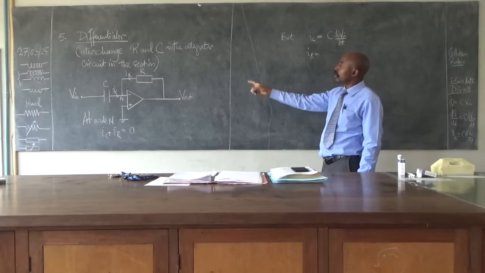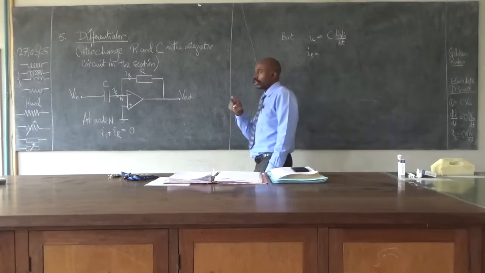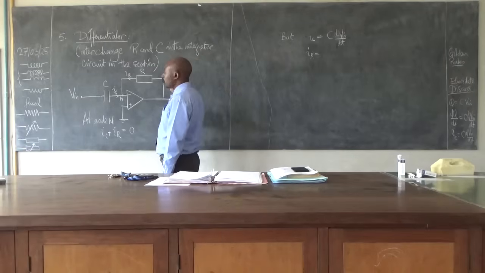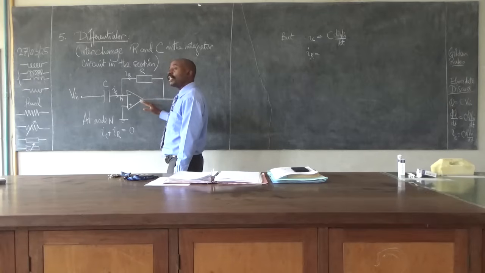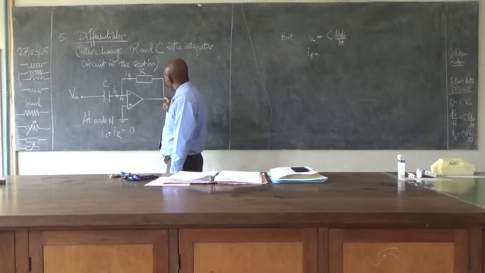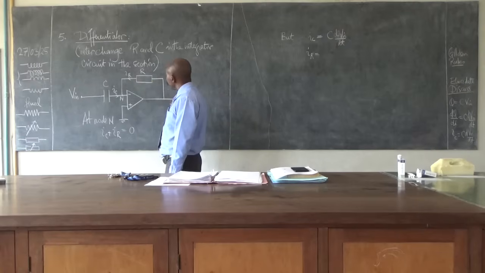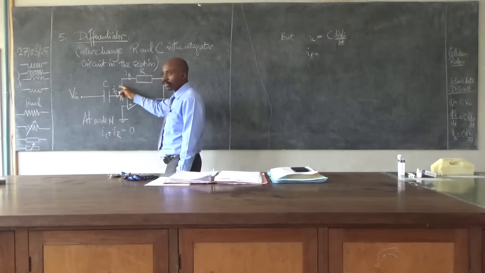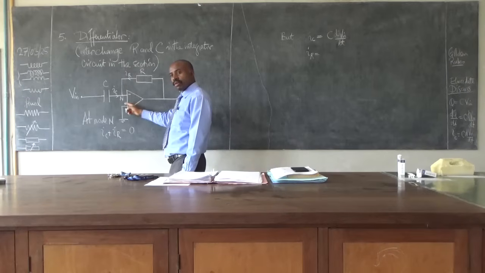So IR will be the same as V out minus Vn. Vn is 0, so it will be V out over R. So yes, Paul, it is okay to quote Ohm's law, but when you get it from here, it feels nicer, when you are having the difference of these voltages divided by the resistance. Since the current is flowing this way, current flows from high potential to lower potential.